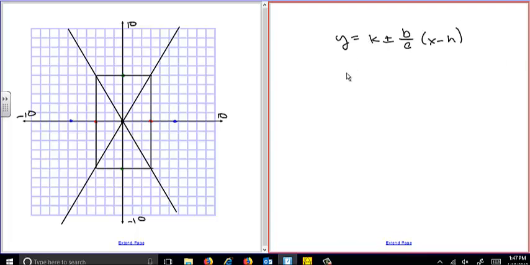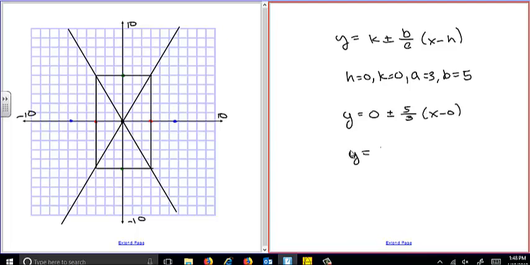In our case, h equals 0, k equals 0, a is equal to 3 and b is equal to 5. So y is equal to 0 plus or minus 5/3 times (x minus 0), or y equals plus or minus 5/3 x.